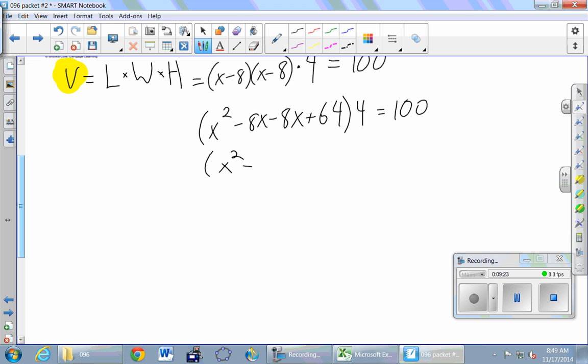Okay, so we'll combine the 2 terms in the middle. Minus 8x minus 8x is minus 16x. Copy everything else.